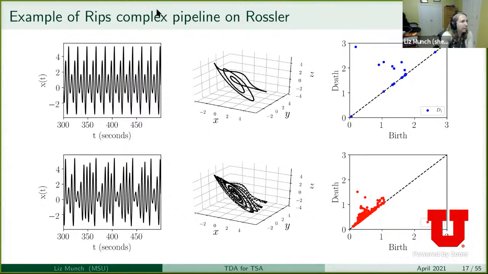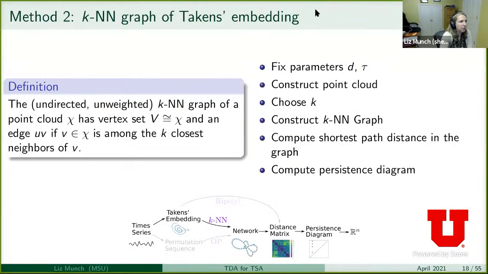So that is nice, but let's mess around with some other versions of this. Here's what I can do if I instead want to come up with a K-nearest neighbor graph based on the same information. So what's a K-nearest neighbor graph?